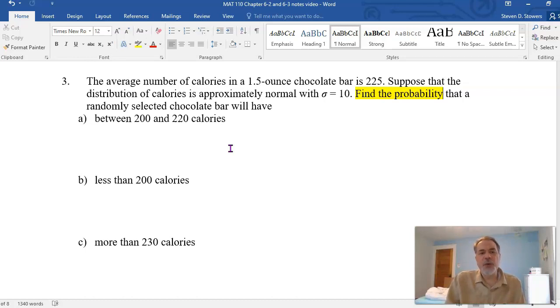And then afterwards, I'm going to show you two possible shortcut methods that you could use instead. But first, the long way. What we're trying to do is find the probability of X being between 200 and 220. Here, X stands for the number of calories in a randomly selected chocolate bar.